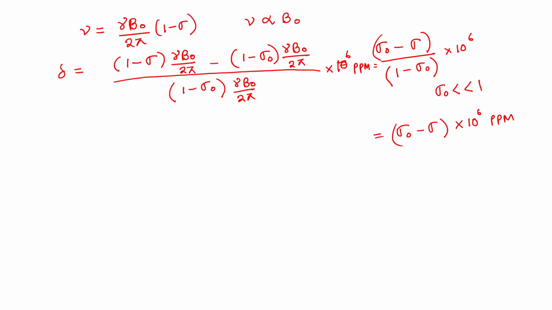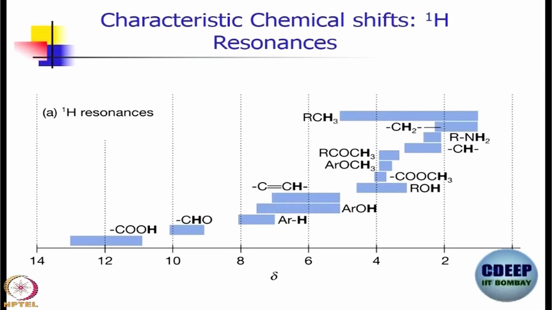Now I'm going to show you some characteristic chemical shifts for proton NMR, which were already shown to you in class by Professor Datta. If you see here, it is a delta scale starting from 1, 2, 3, 4, and going from left to right your delta value is increasing, and different kinds of functionality are there.